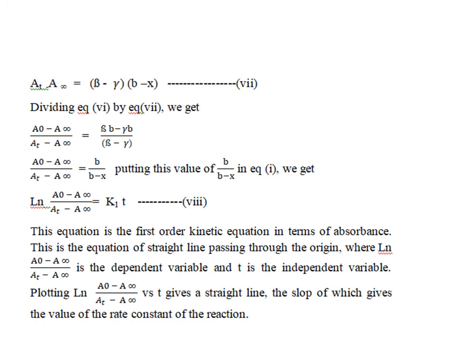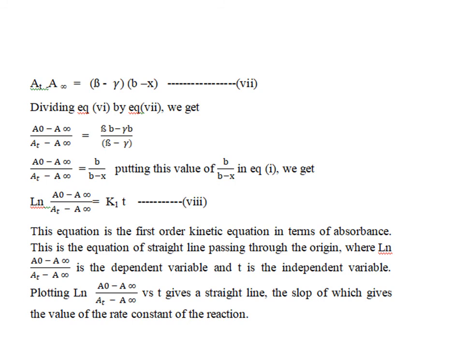Again, A_t minus A_infinity is equal to (beta minus gamma) into (b minus x). This is equation number 7. Dividing equation number 6 by equation 7, we get A_0 minus A_infinity over A_t minus A_infinity equal to beta b minus gamma b over beta minus gamma. Now b is common in the numerator.